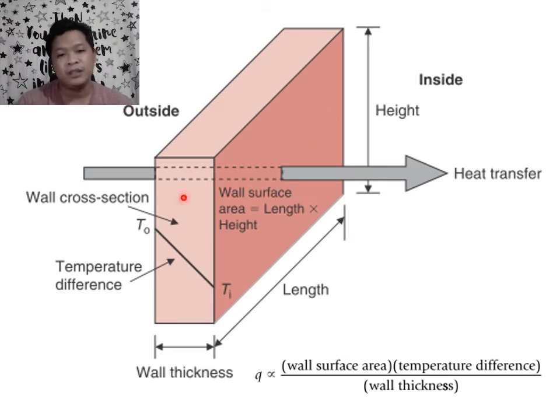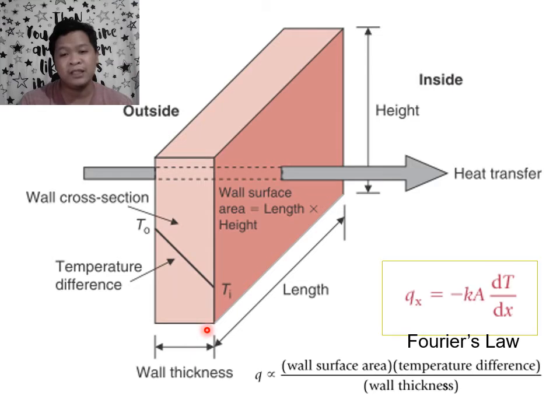So the rate of heat transfer here would be dependent nga on the factors how big the surface area is. More heat can transfer for larger surface area. How large the temperature gradient is. Pag mas malaki yung delta T, mas malaki yung heat transfer. And kapag mas makapal yung wall, mas mababa yung rate of heat transfer. And then, of course, the thermal conductivity K is the one which ties these all together.